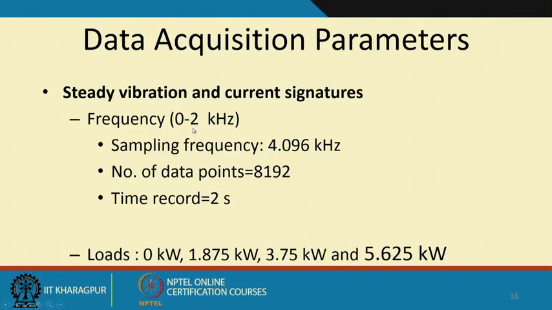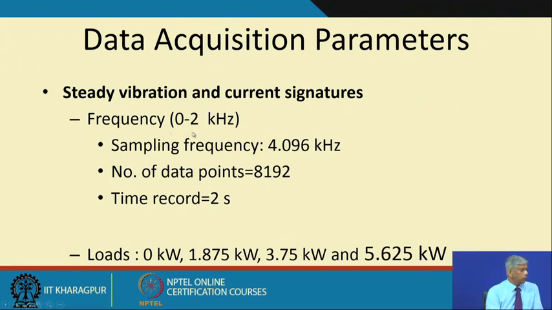Now, another thing which you will notice here, even the frequency range is not very high, unlike if you have to find out the faults in bearings or gearboxes where we had to have a higher frequency range. It is not required in monitoring current signatures. 0 to 2 kilohertz is good enough. We sampled at 4.096 kilohertz.